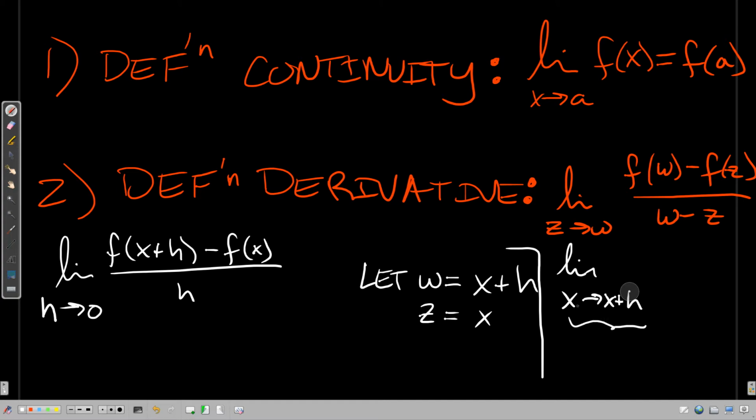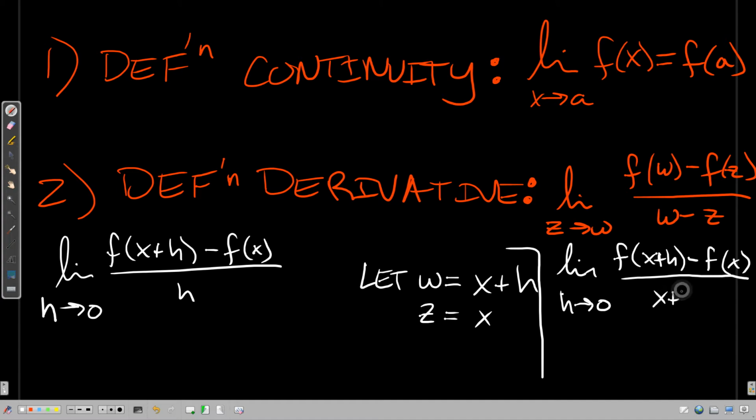Well, if x is approaching x plus h, then you're just letting h shrink down to 0. And the f of w would be f of x plus h minus f of z, which would be minus f of x, over w minus z.